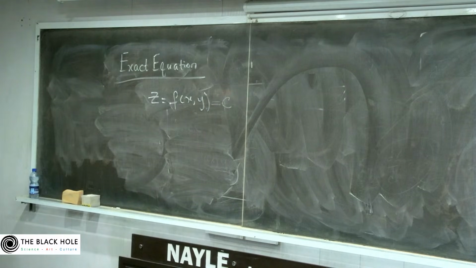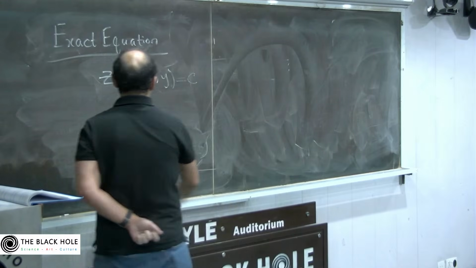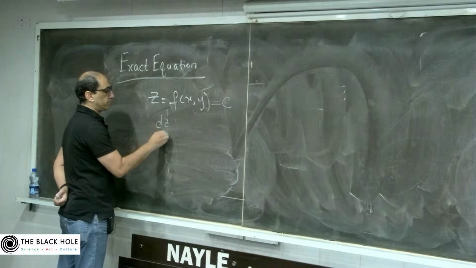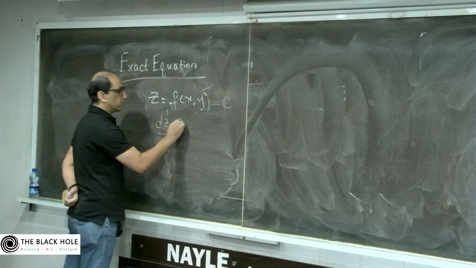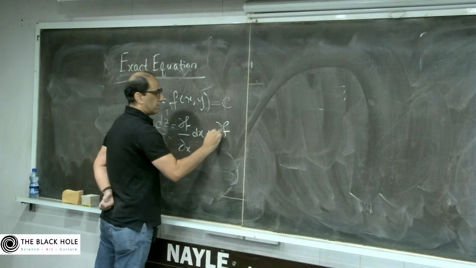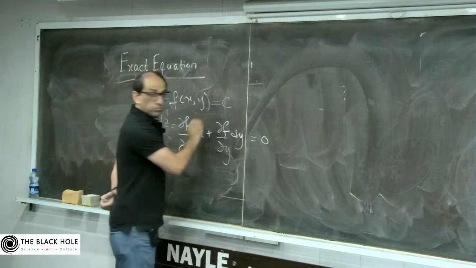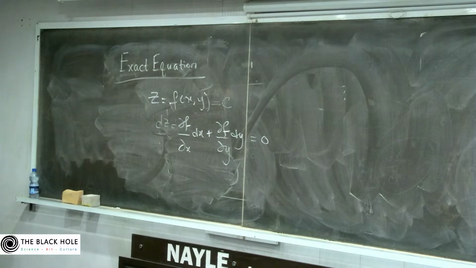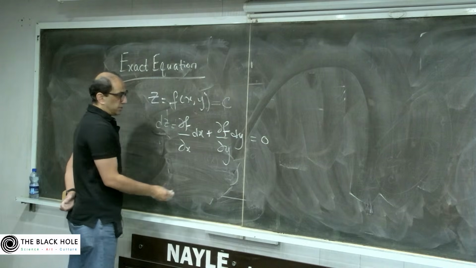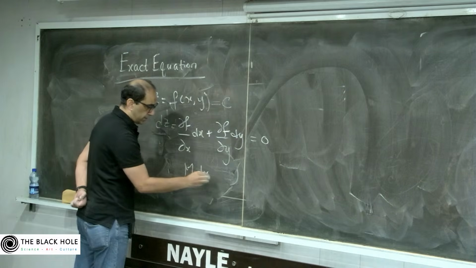If you take the exact differential, what would it be? dz will be equal to, and if it is equal to c, then of course it is equal to 0, right? And the exact equation looks like this.